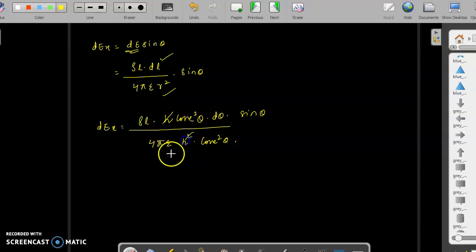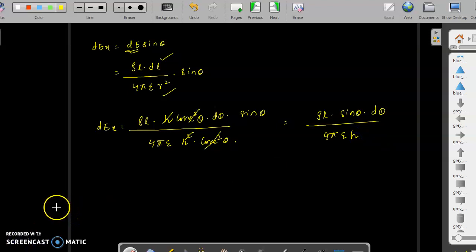So here h gets cancelled, cosec square gets cancelled. So finally it becomes rho L sin theta d theta on the numerator, and on the denominator 4 pi epsilon h.